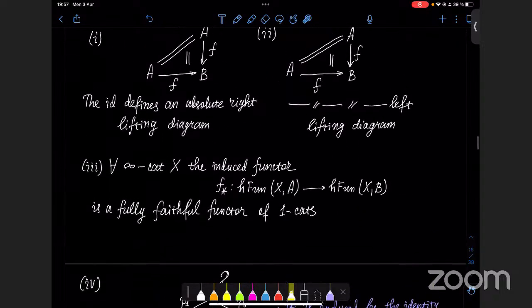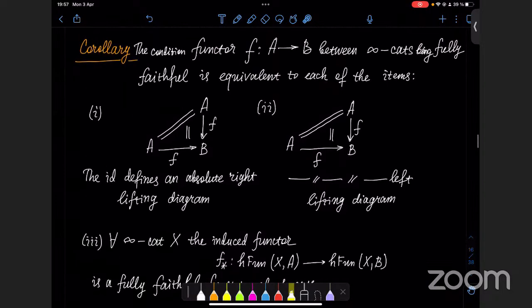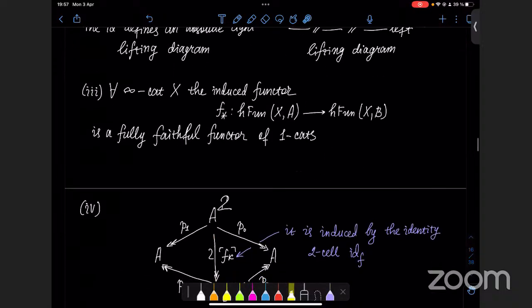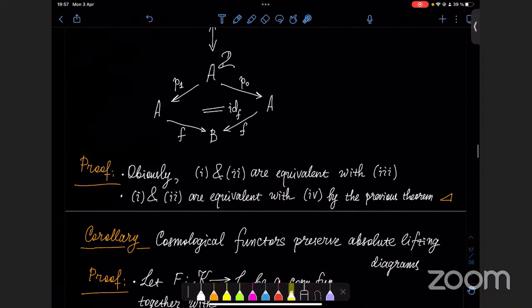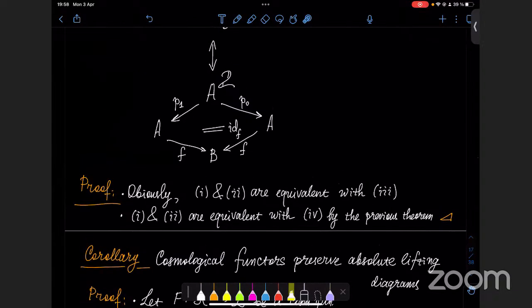So these items are equivalent to each other, and they are equivalent to the condition that the functor F between infinity categories is fully faithful. The proof is obvious.